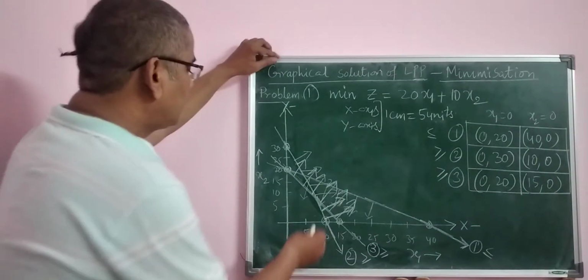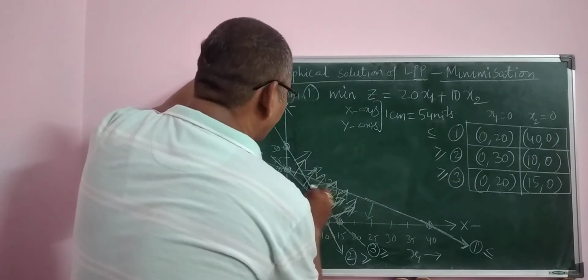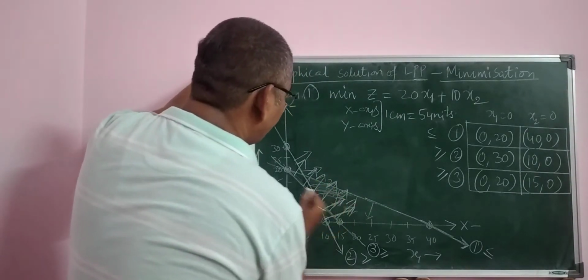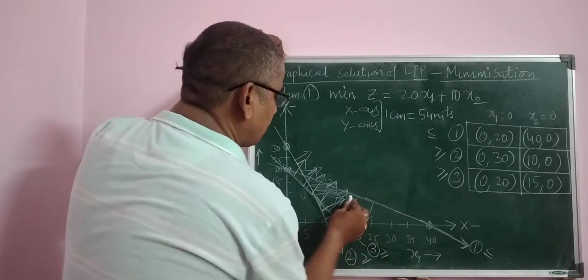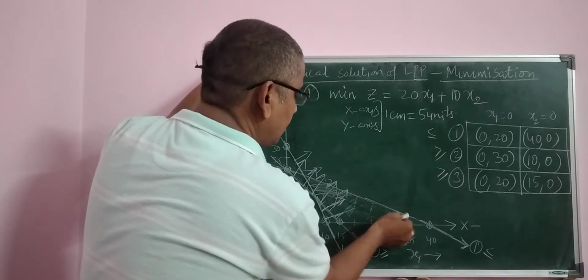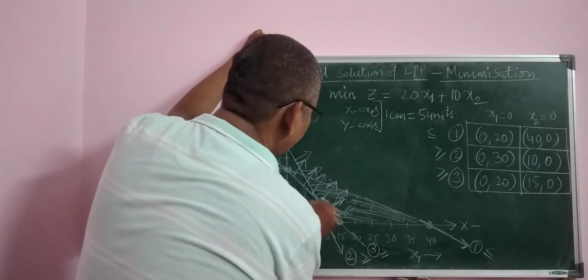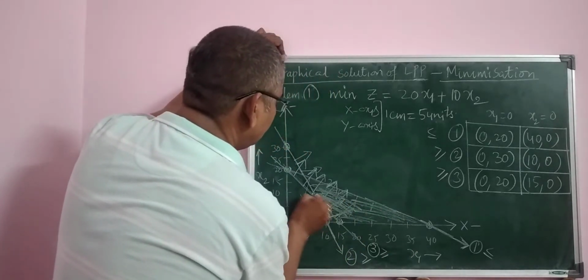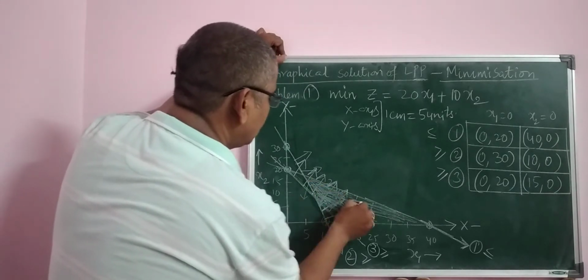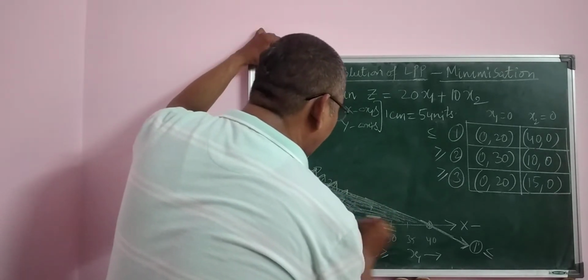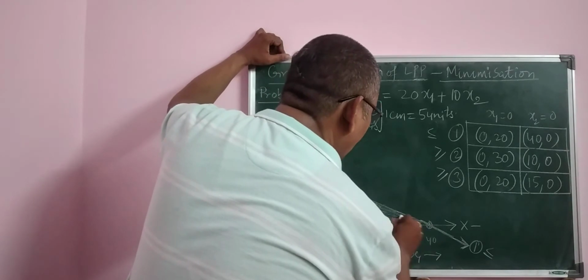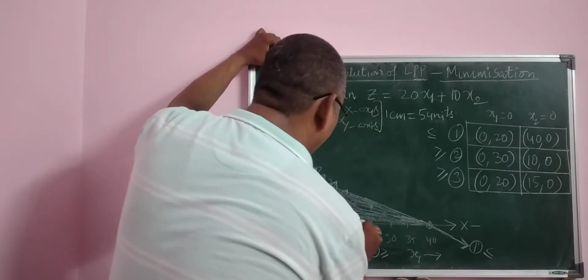I am shading the common region. Greater than or equal to, less than or equal to, so this is the region.